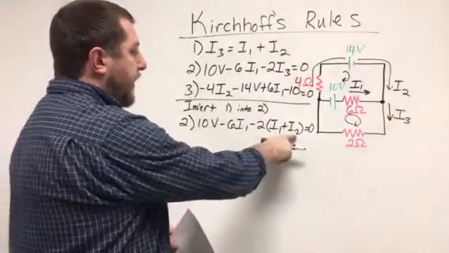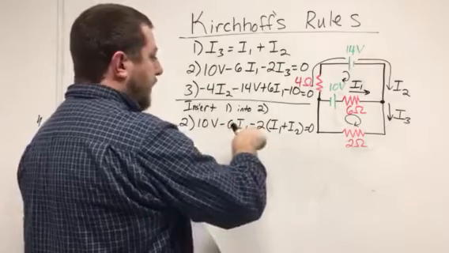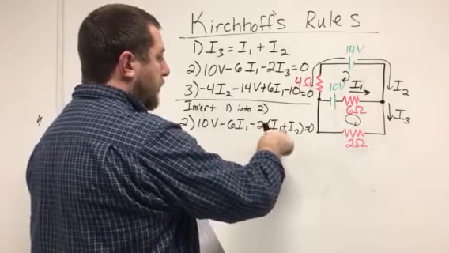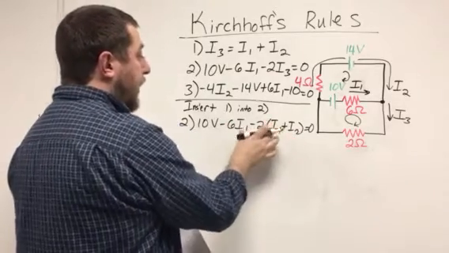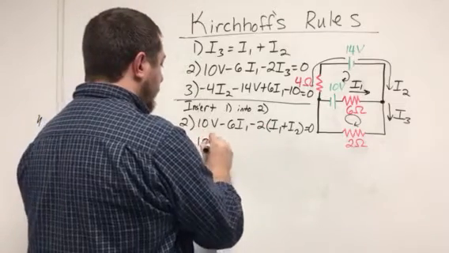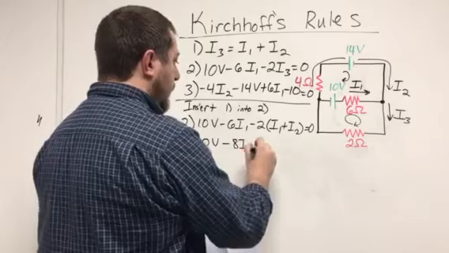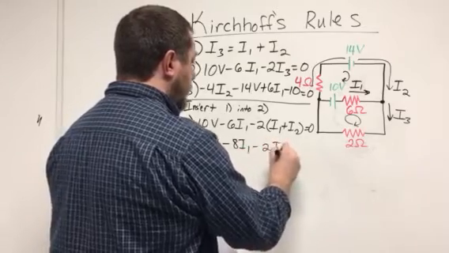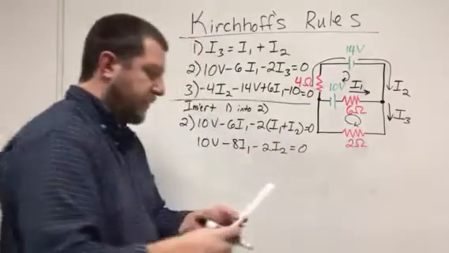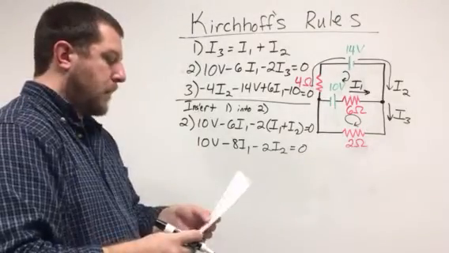And then if I multiply this through, I'm going to get minus 2I1 minus 2I2, and I can add these up to get 10 volts minus 8I1 minus 2I2 is equal to 0, right?